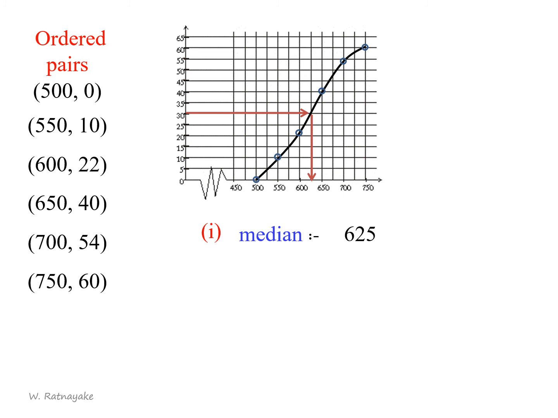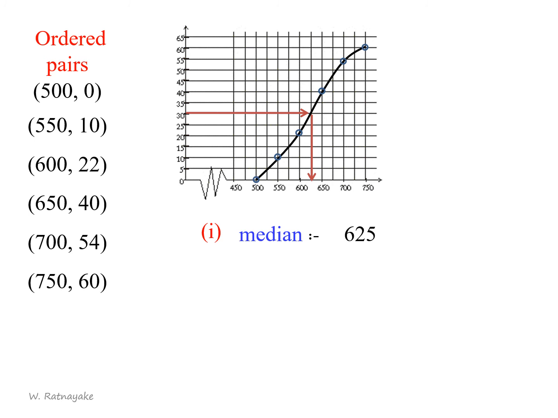Then the second part is to find the interquartile range. This distribution we can divide into 4 equal parts. From this 30th value, the distribution divides into 2 equal parts.